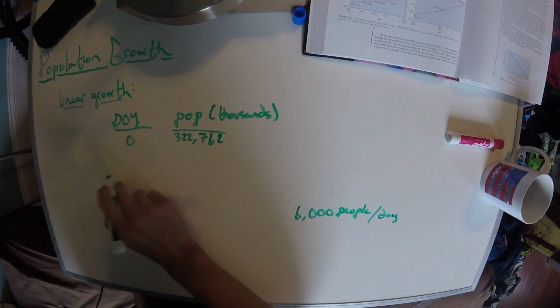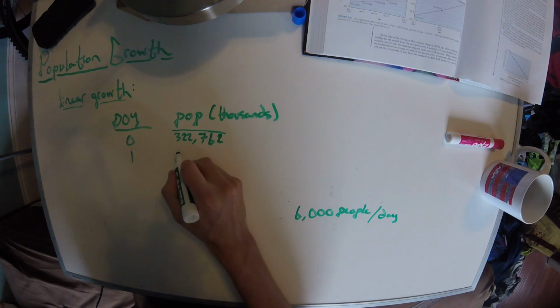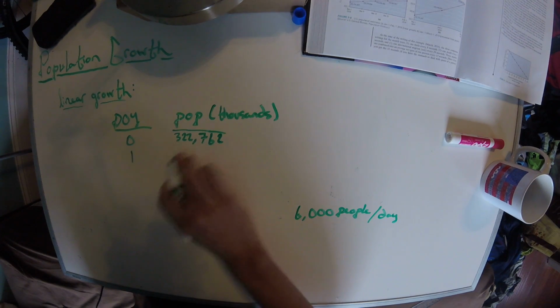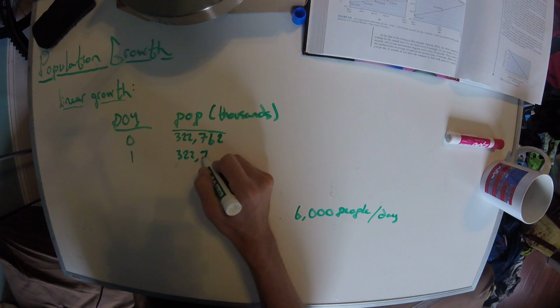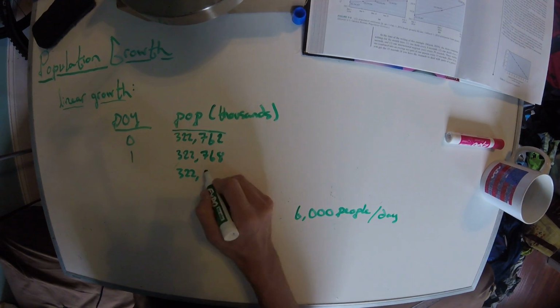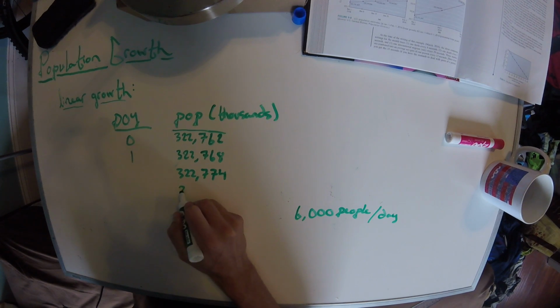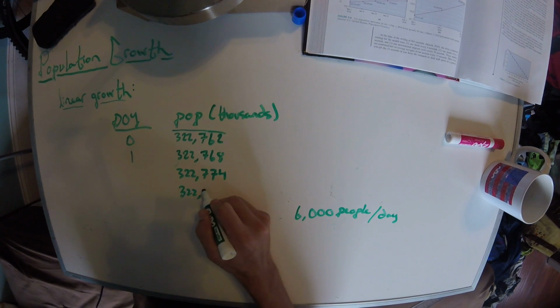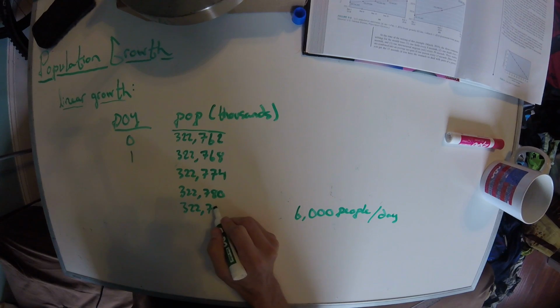Okay, great. Now let's move on to day 1. So now we just add this 6,000. So we have 322,768, then 322,774, then 322,780, and 322,786.